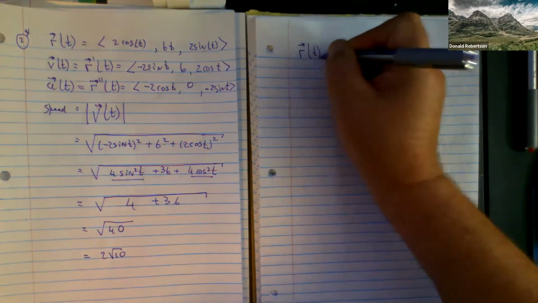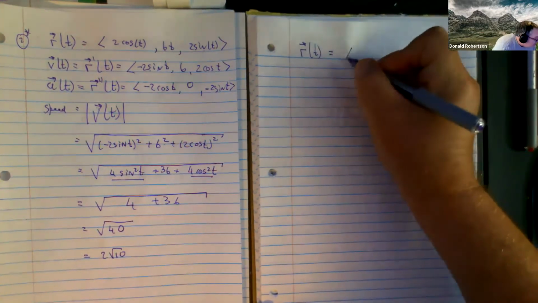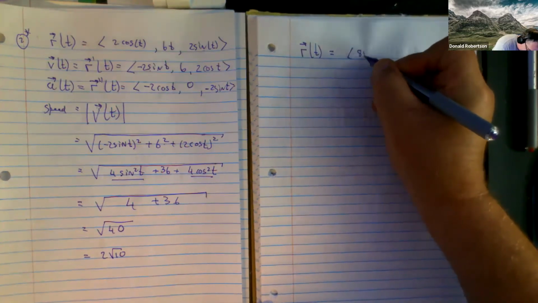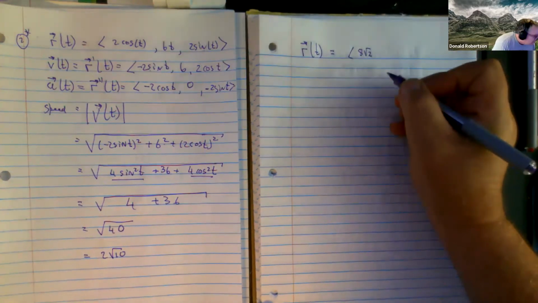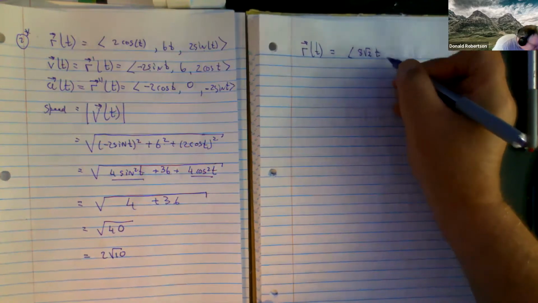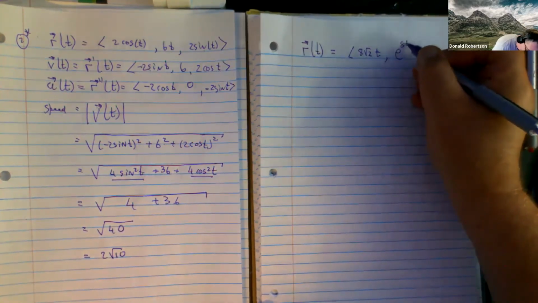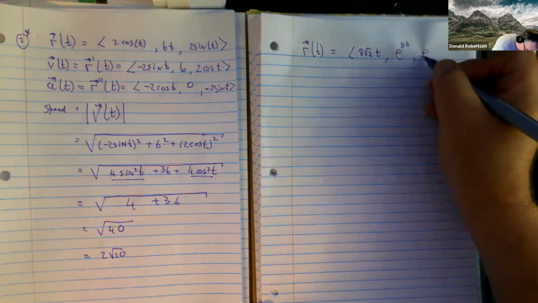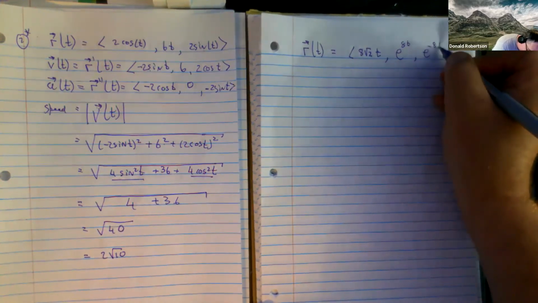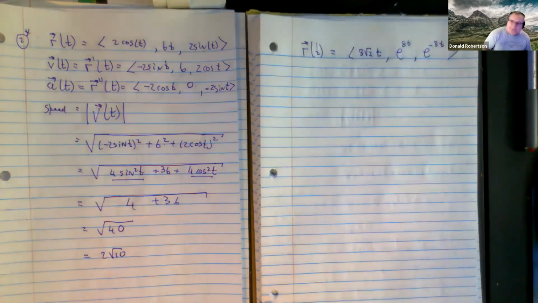The position curve is 8 square root of 2 t, e to the power of 8t, and e to the power of -8t.